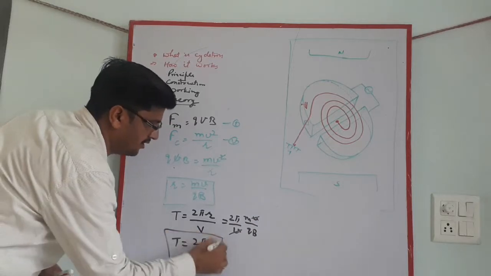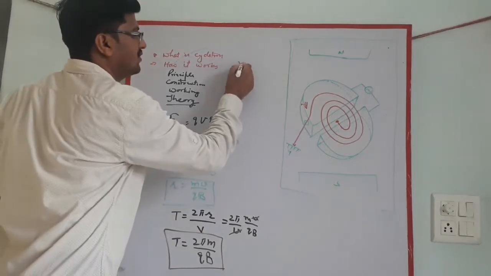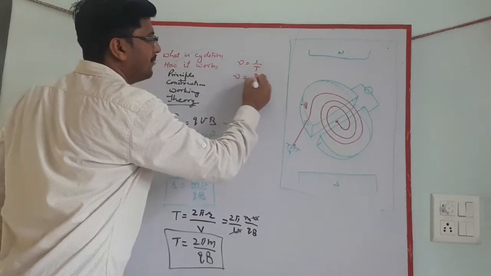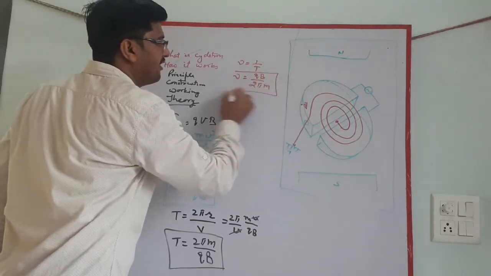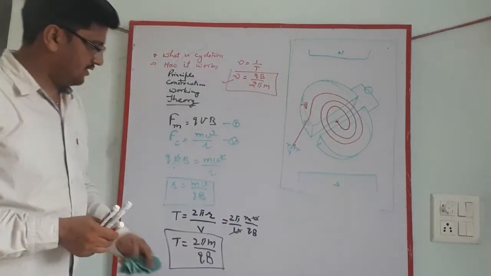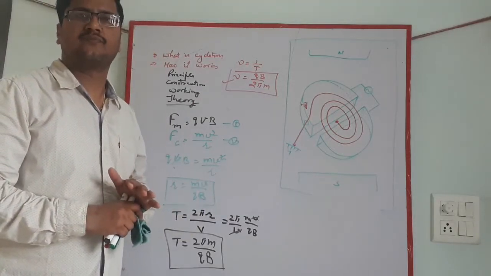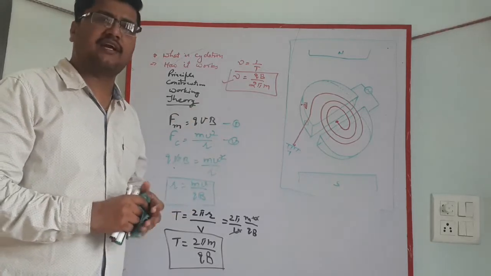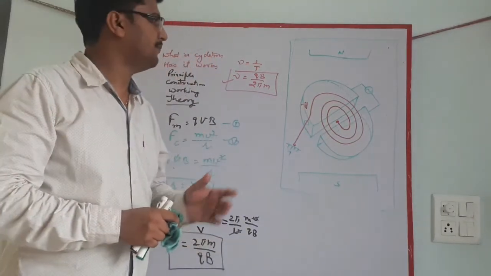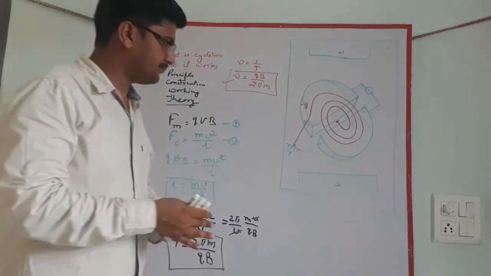This will be the time period, and if this is the time period, the frequency will be 1 upon the time period. That means frequency is equal to qB upon 2 pi m. From this relation of frequency and time period, we observe that these relations are independent of velocity and radius. Whatever the velocity, whatever the radius, the charged particle will reach the gap in a fixed time interval, and hence they are independent of radius and velocity.